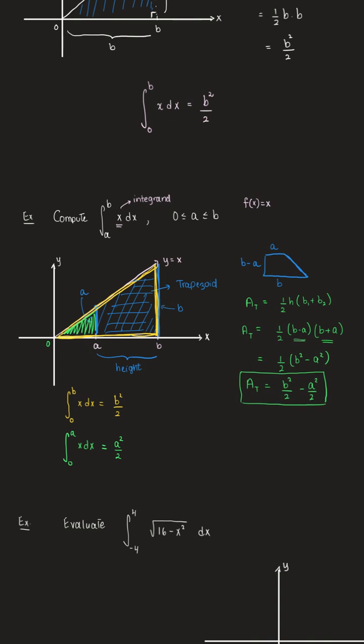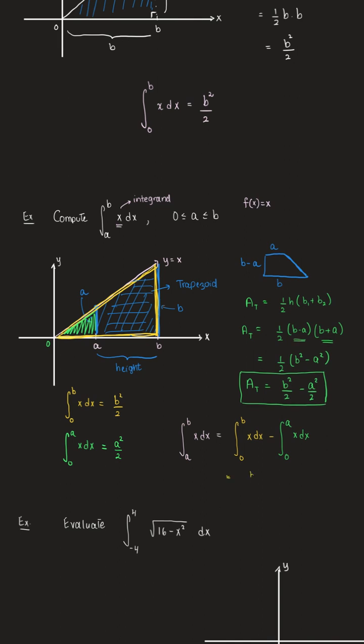So we can write this as an equation. We can say the integral from a to b of x dx should be the integral from 0 to b of x dx minus the integral from 0 to a of x dx. And we found both of these already.